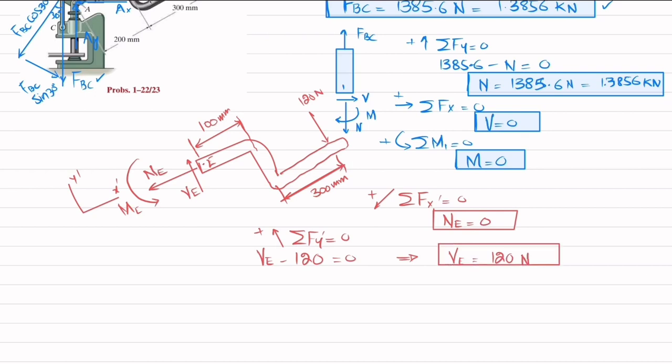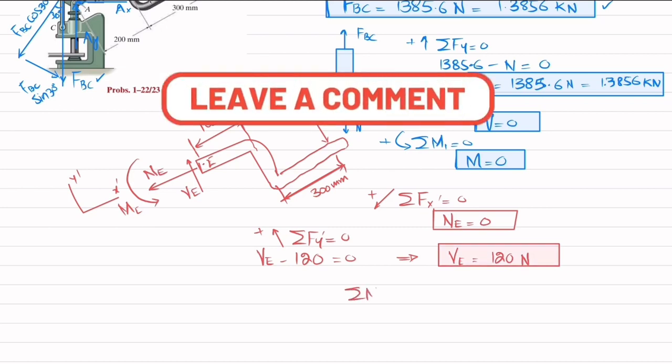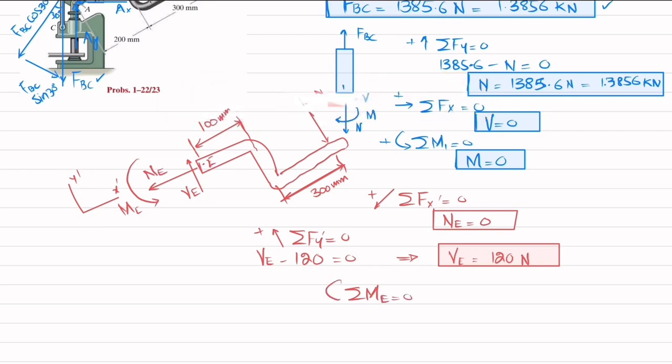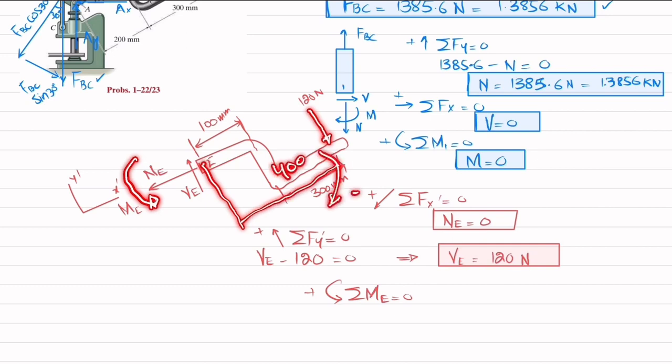And the last thing is moment about point E. So we'll apply the equation of equilibrium, that the sum of all moments about point E is equal to 0, taking the counterclockwise moment as positive. About point E, one moment is this one which is counterclockwise, so it will be positive, and the second moment is produced due to this 120 and the perpendicular distance of 400 millimeter, and this is producing clockwise, so it will be negative, and their sum must be equal to 0.